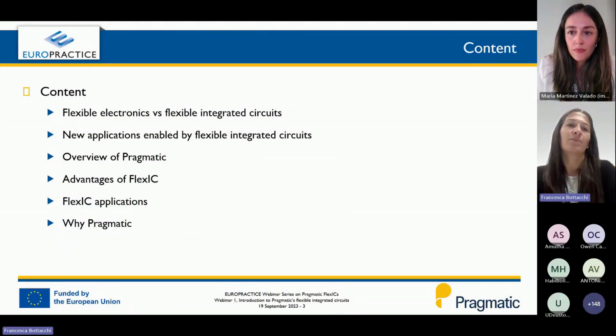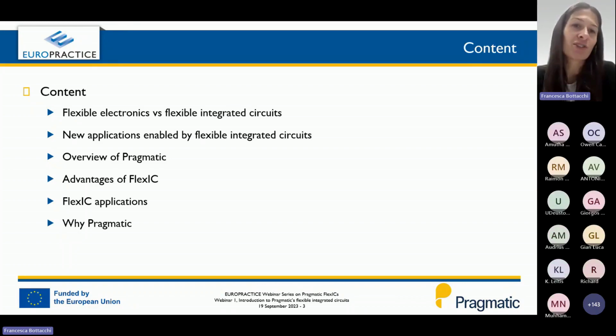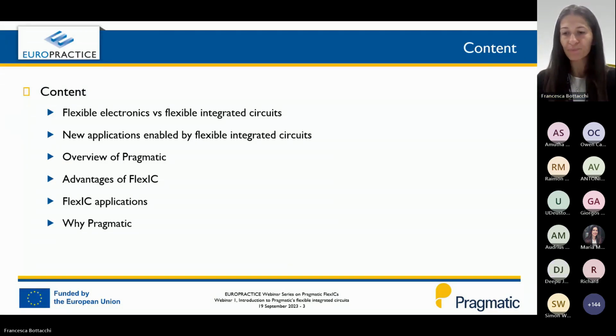Then I will briefly talk about some new applications enabled by flexible integrated circuits. I will then give a quick overview of Pragmatic, and then I will dive into the advantages of FlexIC, the applications that we are really focusing on at Pragmatic with FlexIC, and why you should choose Pragmatic as a technology.